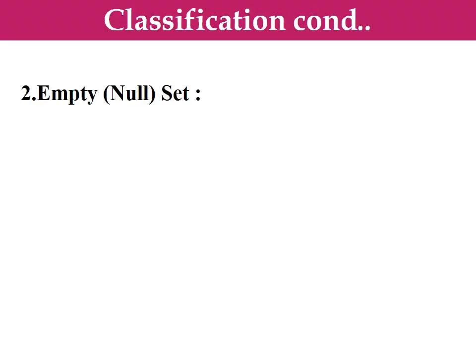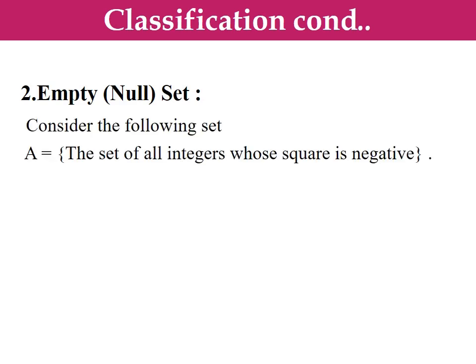Next one is the empty set, or we may call it the null set. Look at the example. A is equal to the set of all integers whose squares are negative. Because of this purpose, in our previous slide I mentioned what a natural number is, what a whole number is, and what an integer is. Integers contain 0, positive terms as well as negative terms.